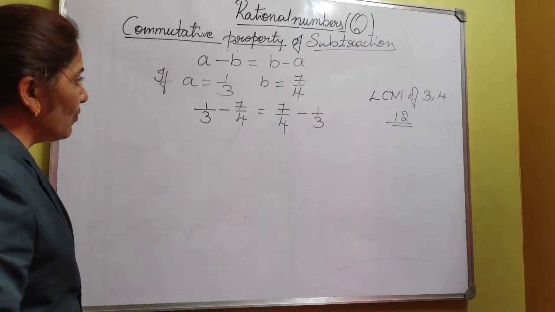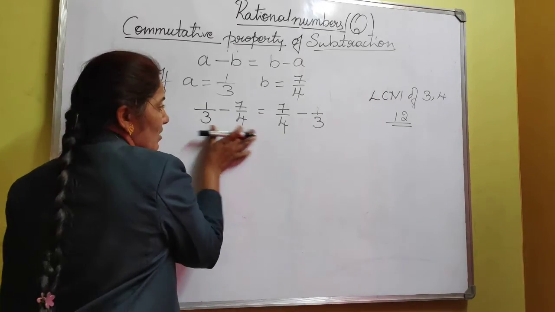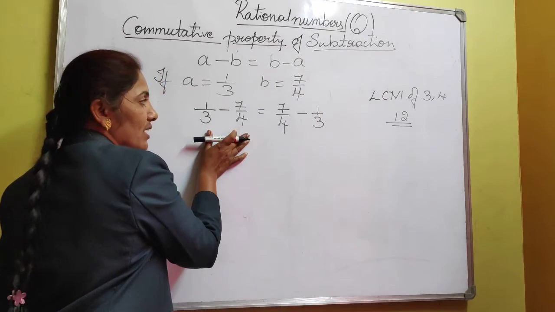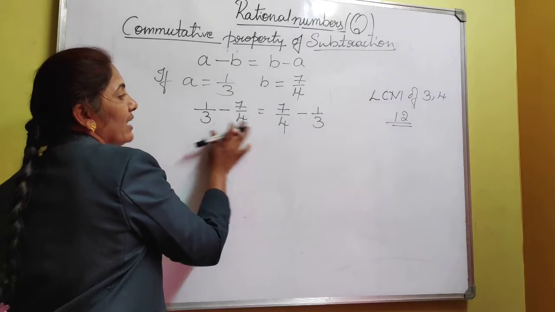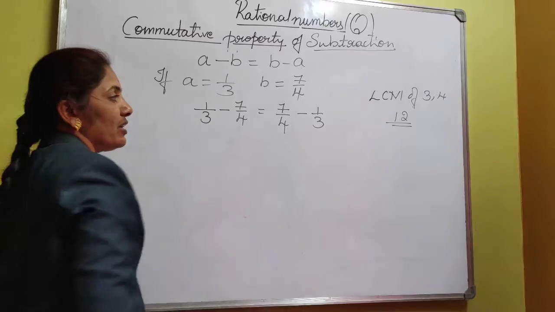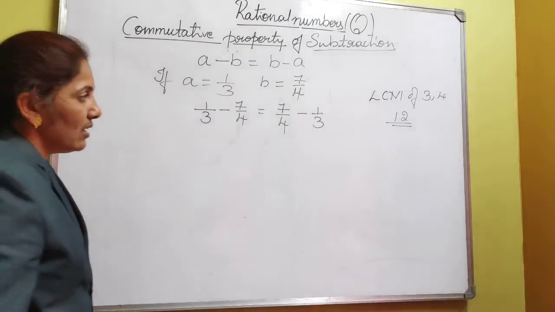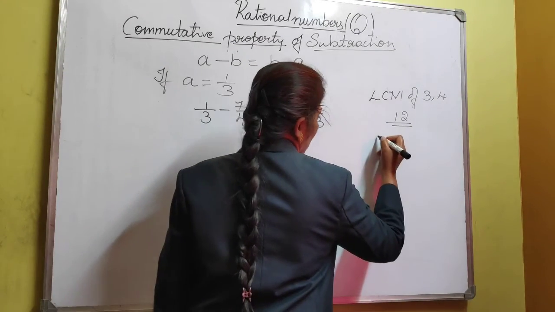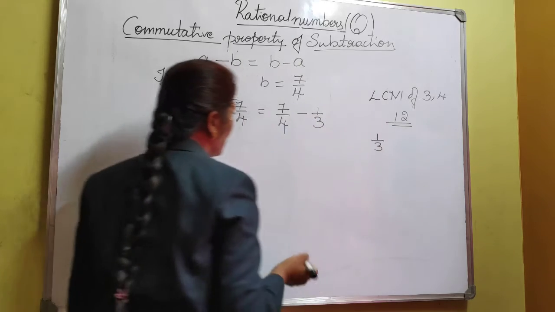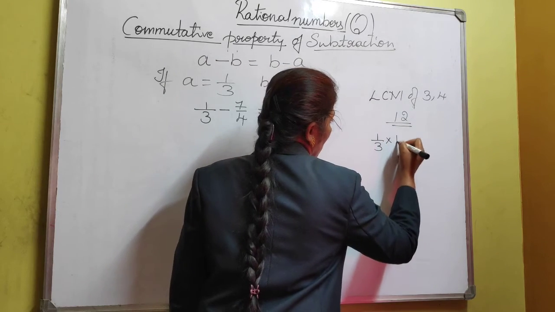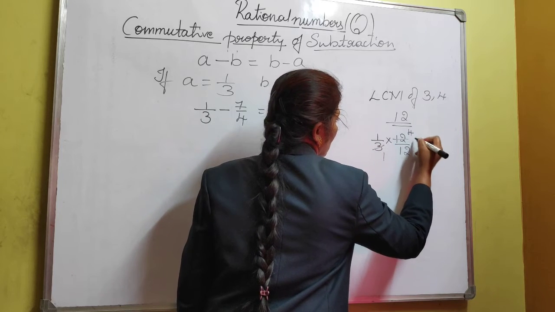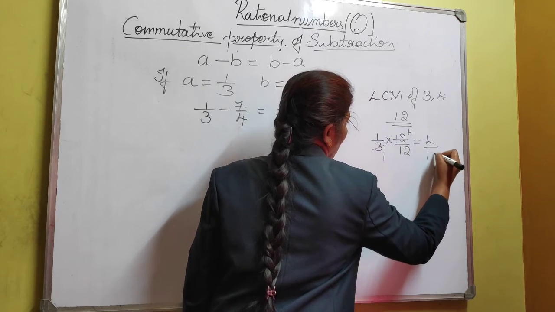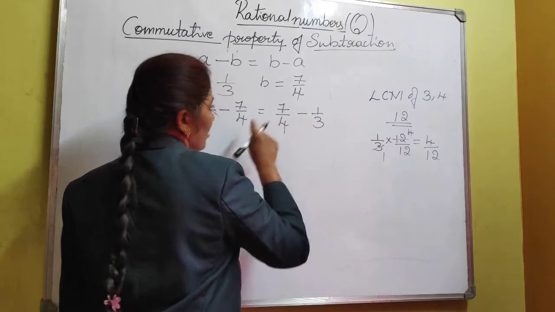So when I write this, you can see we are not supposed to find the difference or subtraction until and unless the denominator value is equalized. I can write this further as we will equalize the denominators. 1 by 3 into 12 by 12, 3 ones are 3, 3 fours are 12, which is equal to 4 by 12, and again 7 by 4.